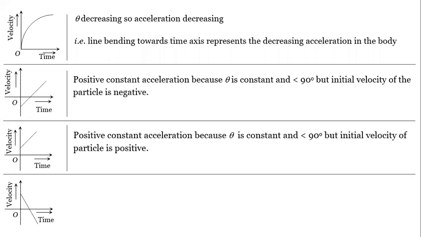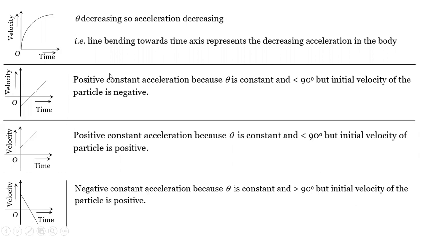So it is uniformly decelerated motion or uniformly retarded motion with initial velocity as positive. So negative constant acceleration because theta is constant and more than 90, and the initial velocity is positive.